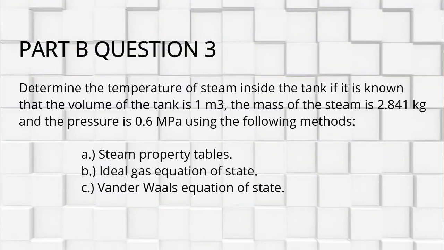Question number 3. Determine the temperature of steam inside the tank if it is known that the volume of the tank is 1 meter cube. The mass of the steam is 2.841 kg and the pressure is 0.6 megapascal, using the following methods: A. Steam property tables, B. Ideal gas equation of state, and C. Van der Waals equation of state.